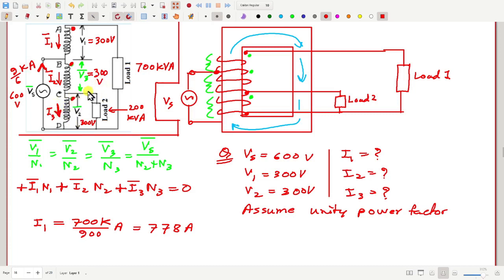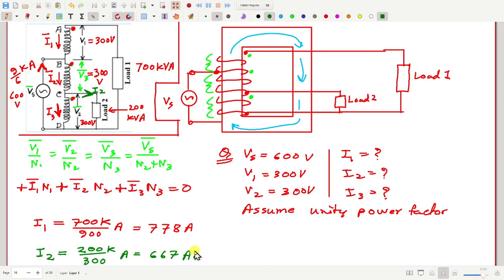Then how much is the current here? Let me use a different color. 200 kVA divided by 300, so I2 is 200 K by 300 ampere, so that is 667 ampere.